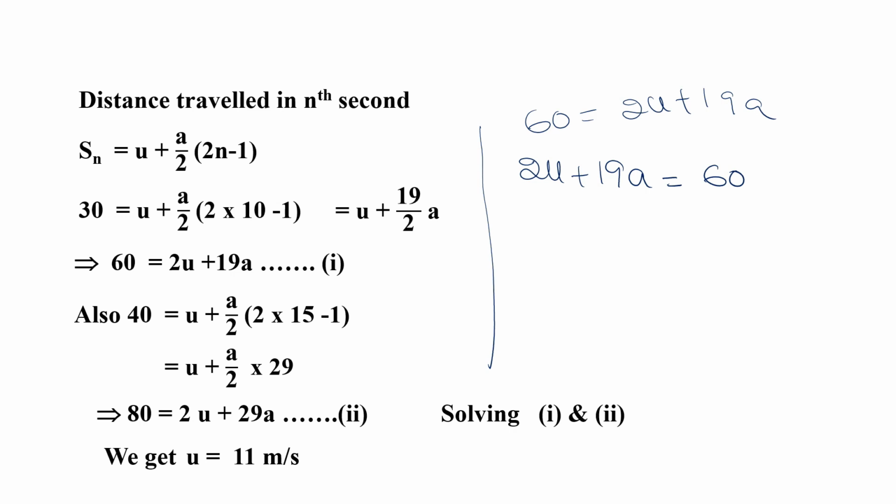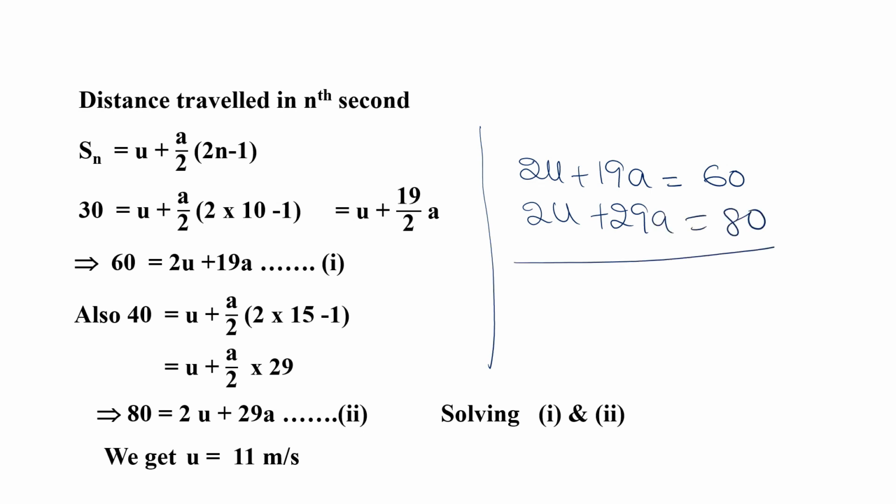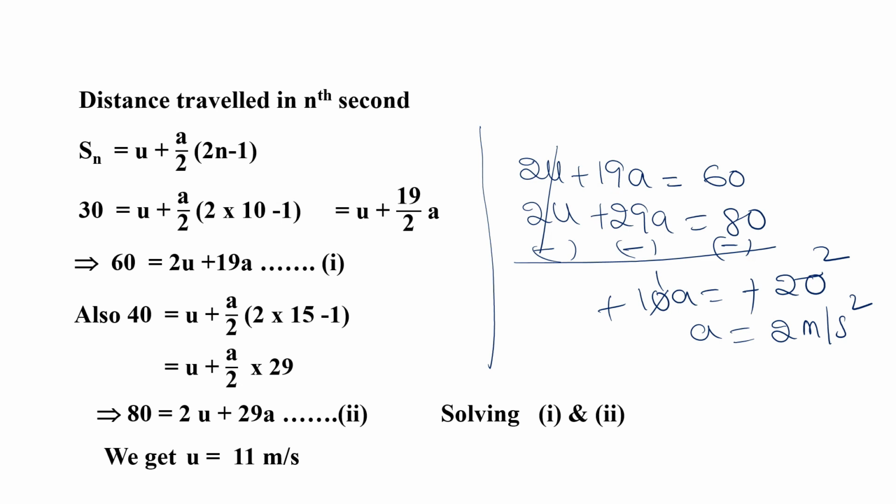Second equation is 2u plus 29a is equal to 80. Now we are doing subtraction. Plus 2u minus 2u gets cancelled. Here minus 10a is equal to minus 20. Minus minus gets cancelled. 10 ones are 10, 10 twos are 20. So a is equal to 2 meters per second square.